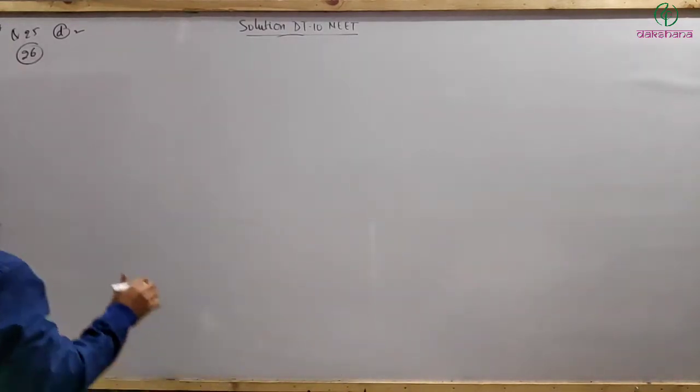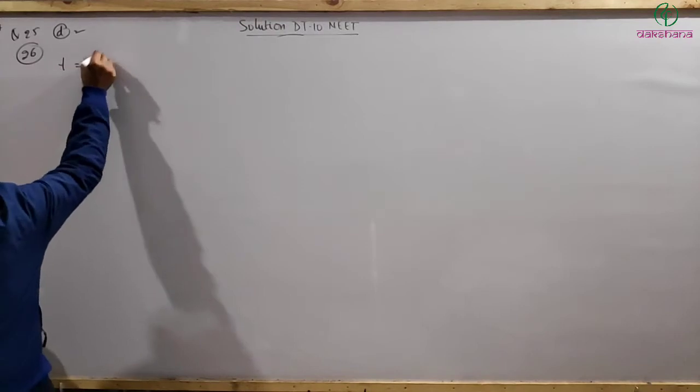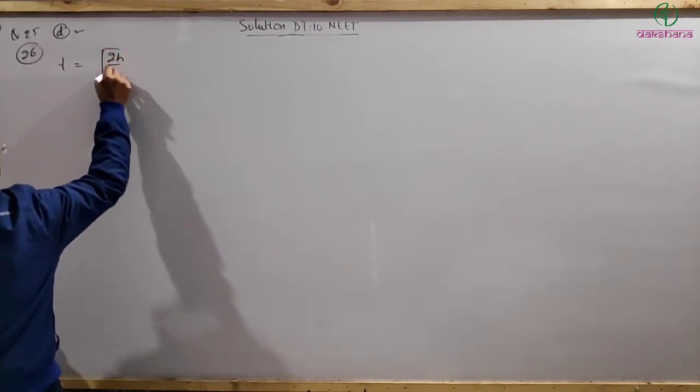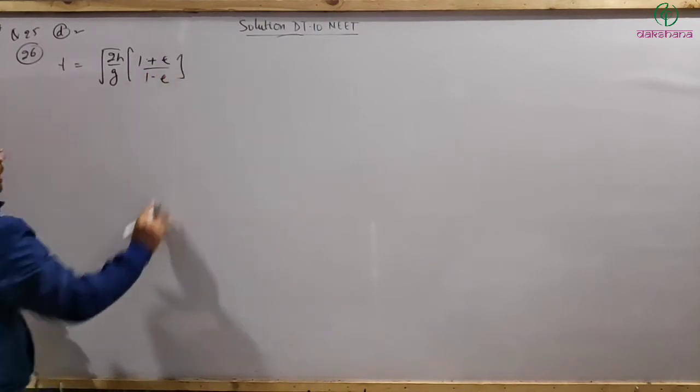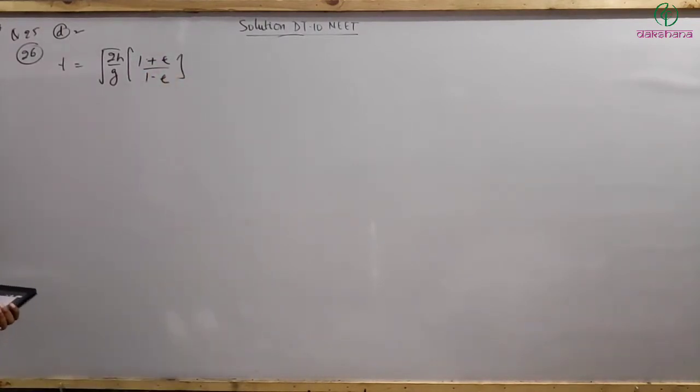The final answer here comes out as 2 under root 2h by g times 1 plus e divided by 1 minus e, which is the time when the ball will stop.